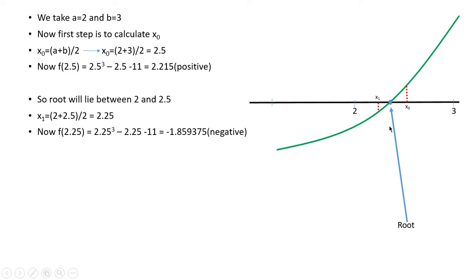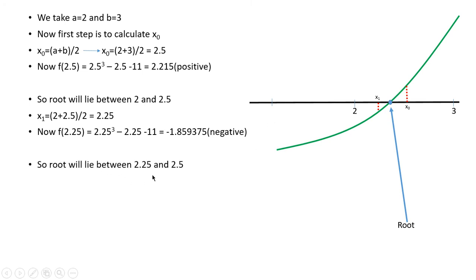The root is lying between x1 and x0, not between x1 and 2, so we will simply drop 2 and continue towards the next iteration with x1 and x0. We will again apply the midpoint rule to x1 and x0 and calculate the point x2.